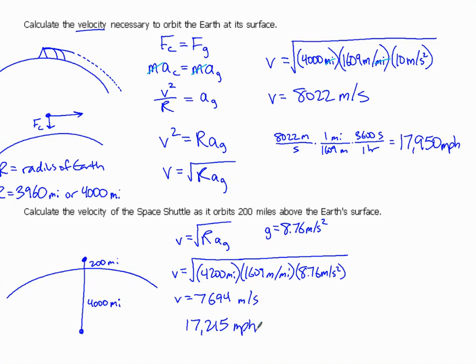A note on acceleration of gravity. So if you look at height versus the acceleration of gravity, at 200 miles, we've got 8.76 meters per second squared. 150 miles, this is a little bit closer to the surface, 9.10 meters per second squared. 250 miles, this is a little further away, 8.68 meters per second squared.